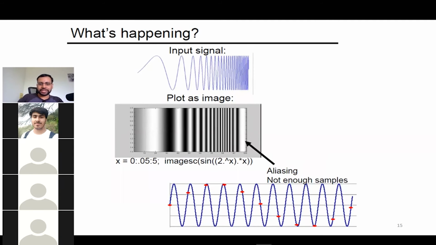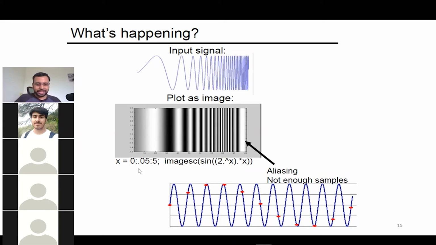Okay, this is another one showing a similar effect. Suppose this is an interesting wave. Assume this is the kind of sinusoidal wave you have, a continuous-time signal, and if you are trying to plot it in MATLAB, you have to plot it only at particular values of x.